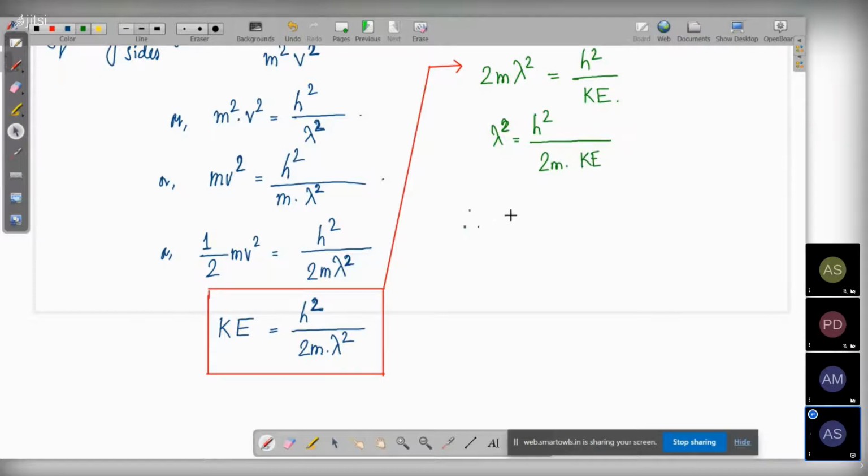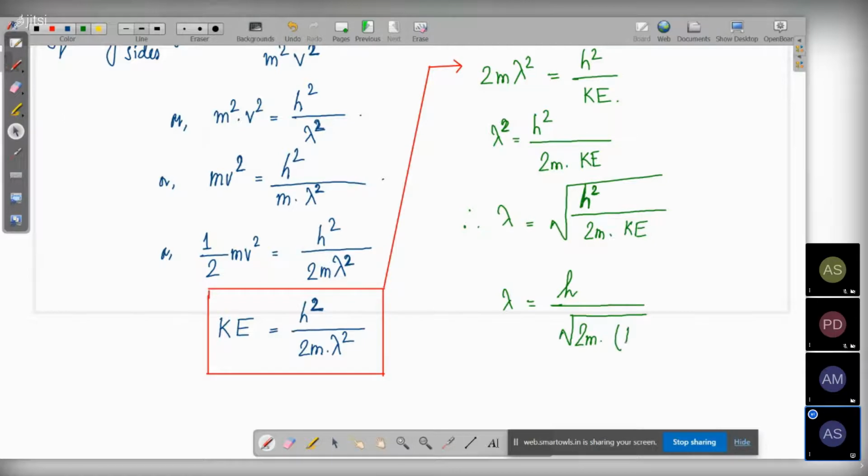Therefore, lambda equals the root of h square by 2m Ke. The numerator can be taken out of the root, so h by the root of 2m kinetic energy.